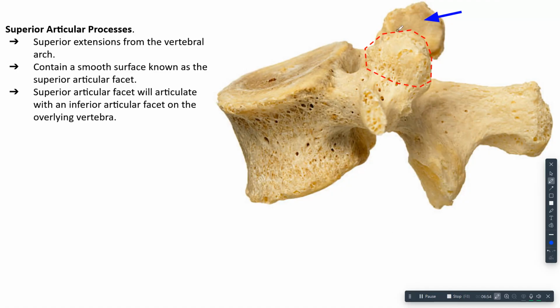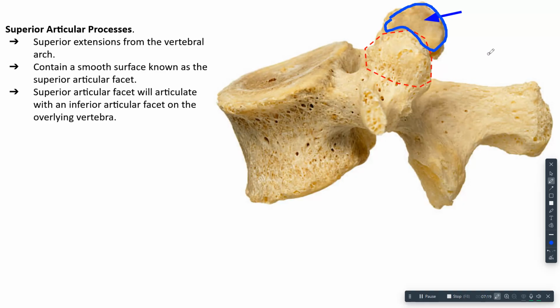The processes going up, so I got two of them here, one on each side. Each of these is a superior articular process. It has a smooth region, which I'm going to circle right here, and you can't see the whole smooth region. That is called the superior articular facet.